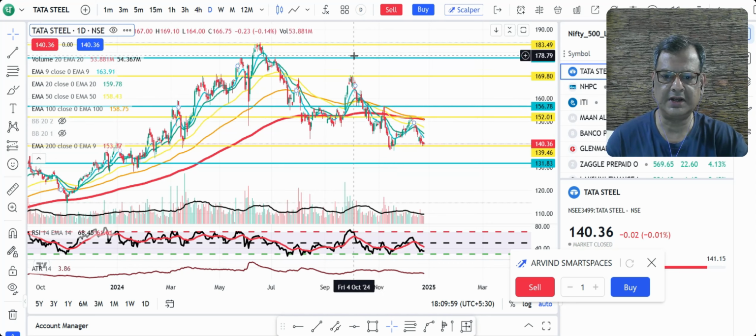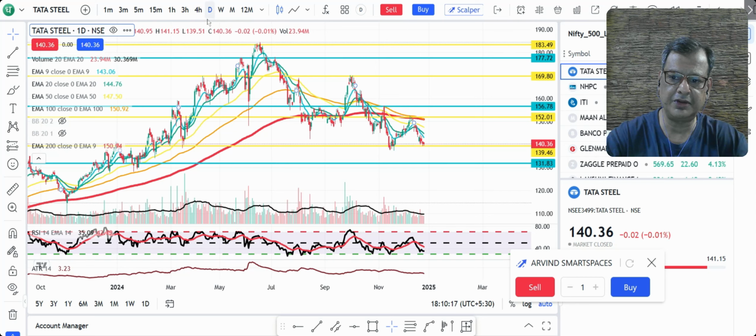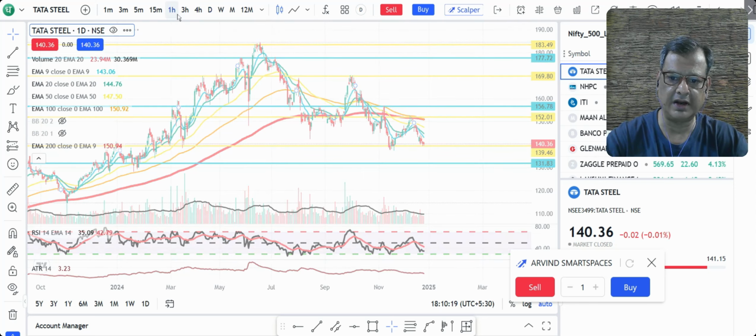You started drawing your support and resistance lines to help you make sense of the space that is there on the chart, and also to help you know points from where price can reverse either up or down. But there is a limit to which you can draw. Now, if you say I'm on the daily time frame, I'll go on the 1 hour time frame.